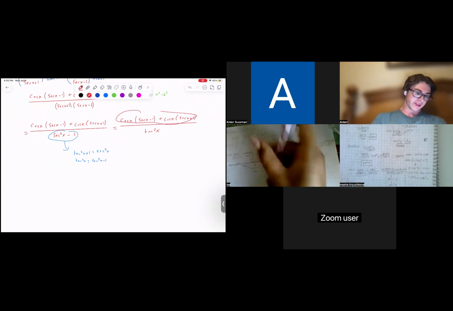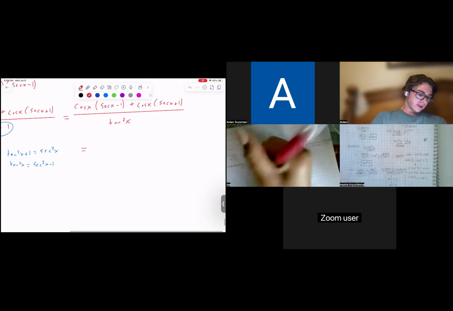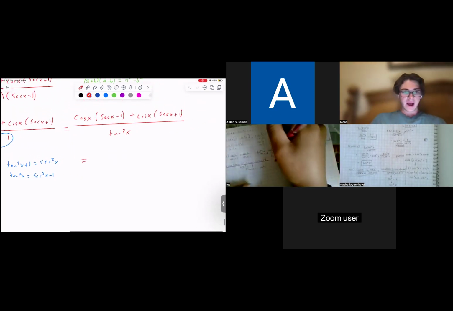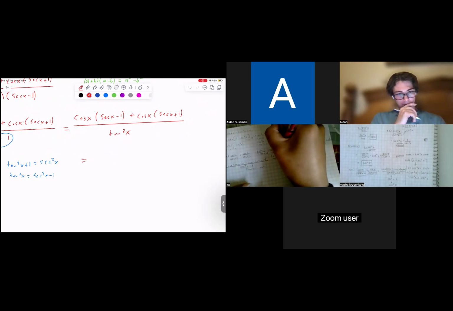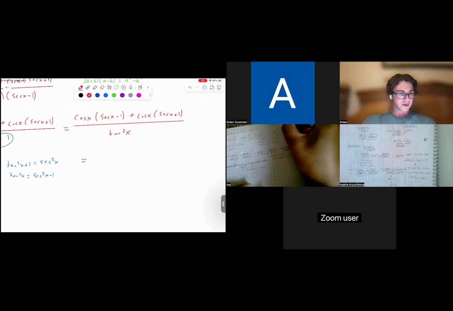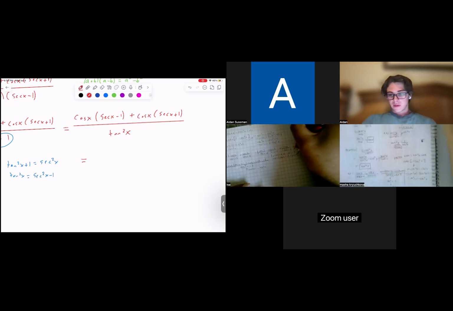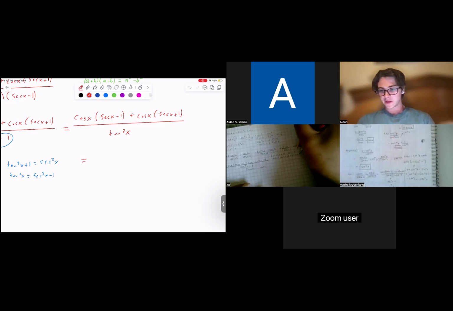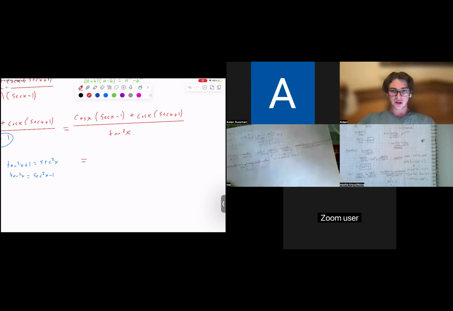Now let's figure out what's going on with this messy numerator. Do we see anything we can factor out or change? Anything that we notice we could factor out or change?